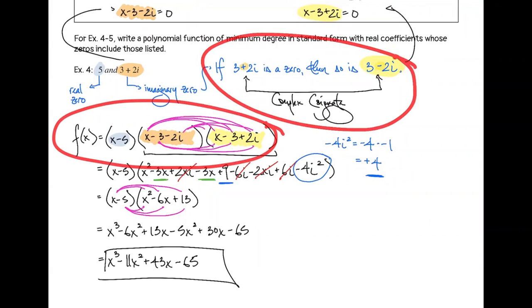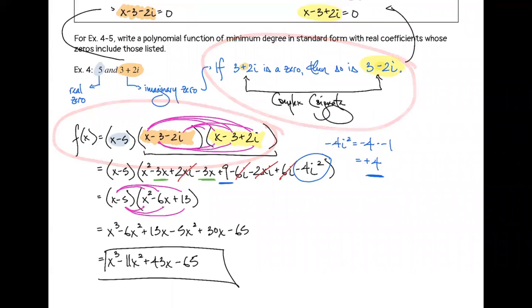That is, they are always with their complex conjugate, even if it's not listed. The rest of this, the calculation part, I would say the most important part is at the end, you shouldn't have any i's left. If you have some i's left, something went wrong. Okay, so go back and make sure that you've distributed correctly, but it's actually a really good indicator whether you're headed in the right direction or not.